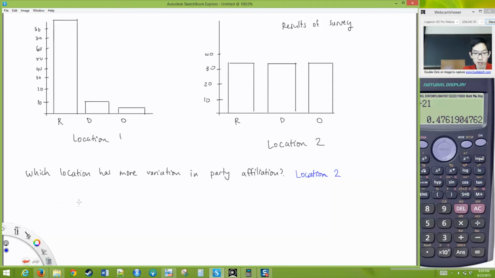So the rule here is if one category seems to dominate the others, there is less variation. Okay?